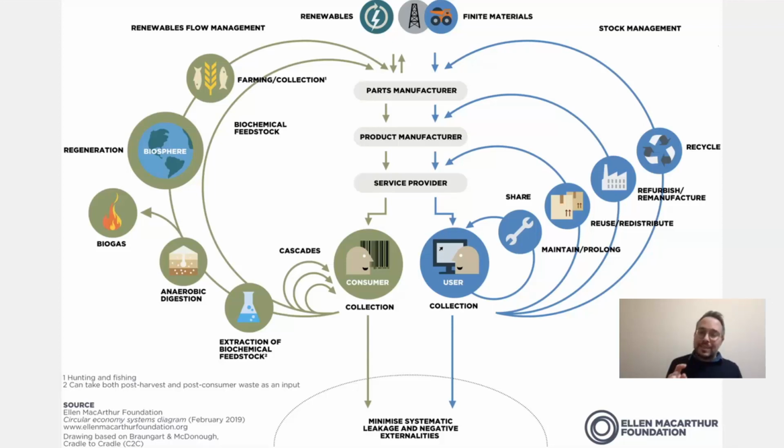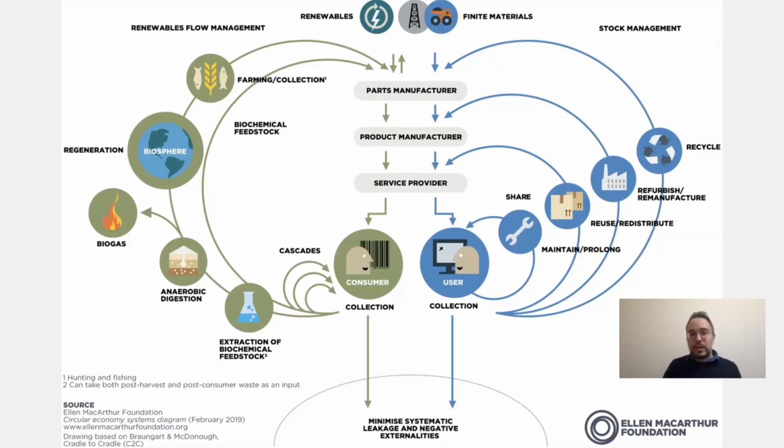So the key thing in this graphic, the important lesson here, is that you need to be focusing on smaller loops, because the bigger the loop, the less your impact will be when you're employing a circular economy approach. So for example, recycling is less preferred than reusing.